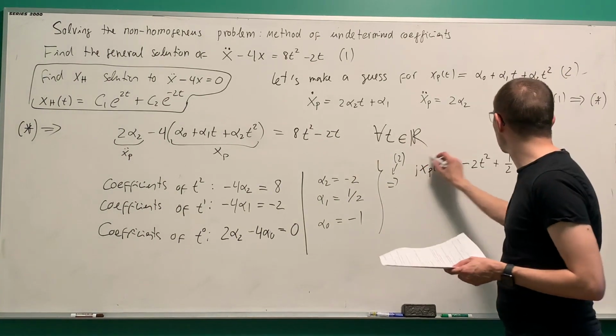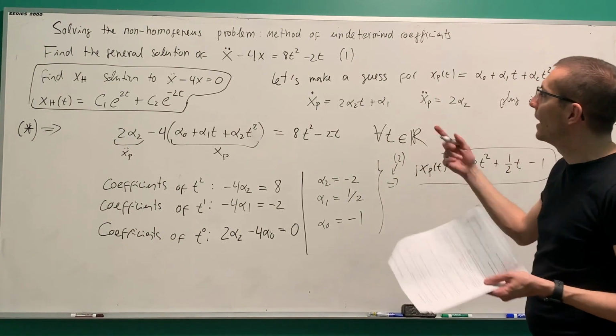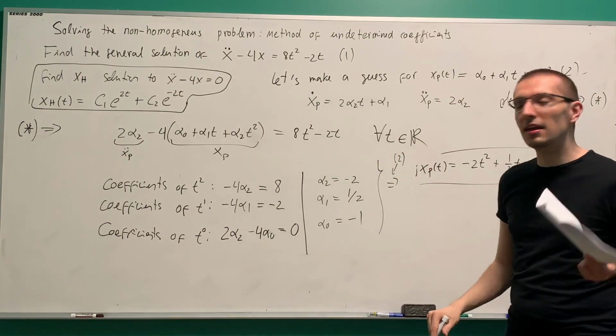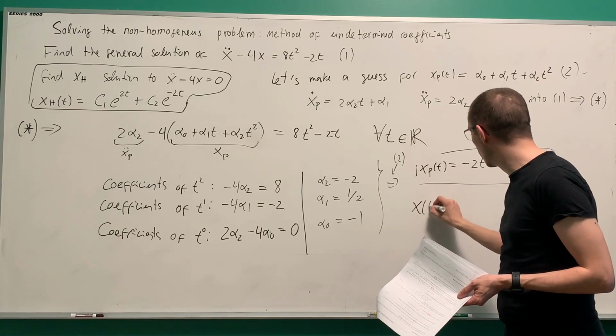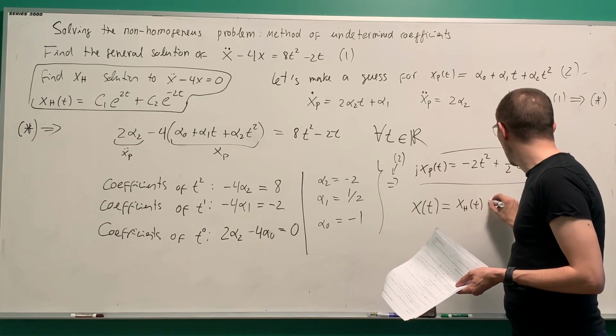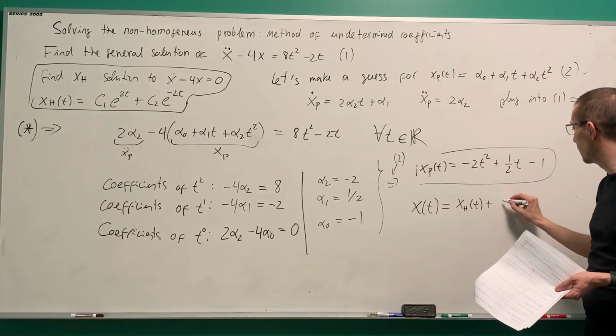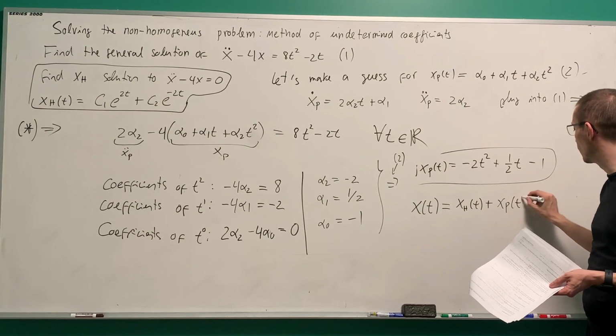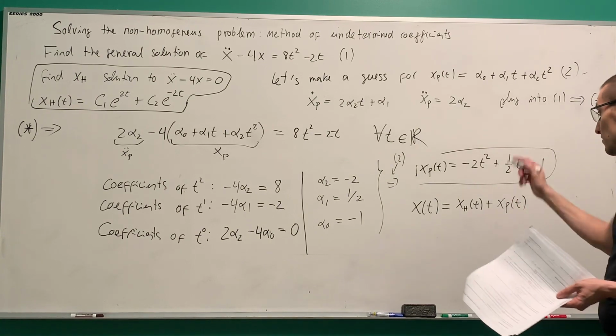This is the second part of the solution, but Theorem 3 tells us that the solution to the full problem is the general solution to the homogeneous problem plus a particular solution to the inhomogeneous one that we just found.